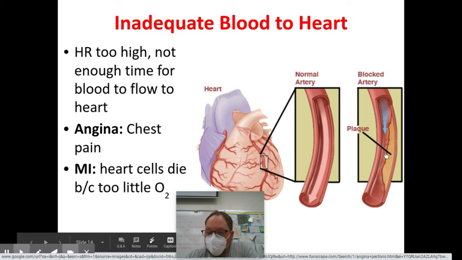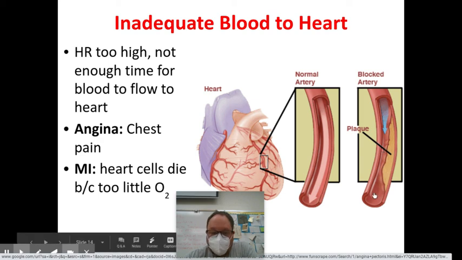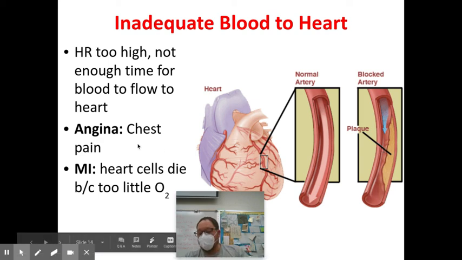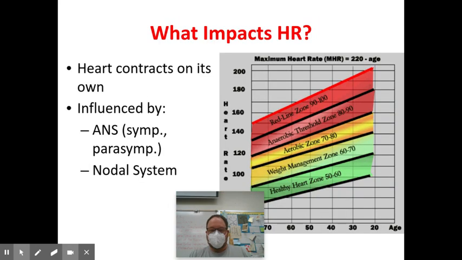But you can have deposits of plaque, and then those plaques will reduce blood flow through the heart. Reduced blood flow or delivery of oxygen to tissues can cause angina, which is a form of chest pain. So when people talk about having heart attacks, the angina or the chest pain can be a result of not delivering enough oxygen to tissues.